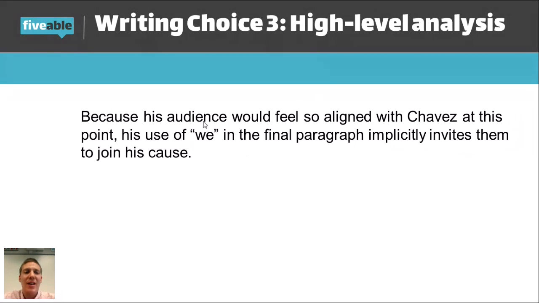But I would still put it in that beginning, middle, and end mindset. Yes, he uses we throughout, but track the text as we go. He uses we to align himself. I would talk about that, and then I would really unpack it here in the final section.